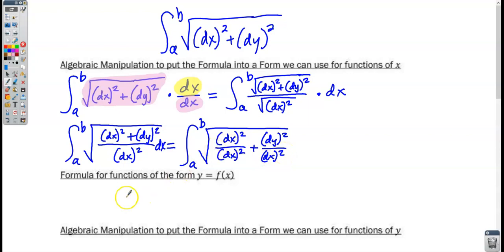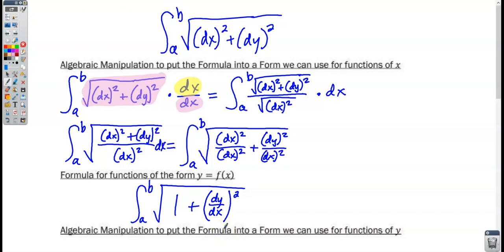And then I can get to my final formula. Dx squared over dx squared is 1. And dy squared over dx squared, since they're both being raised to the second power, I can raise the whole thing to the second power and write this as a single fraction. And there's my formula for functions of the form y equals f of x.